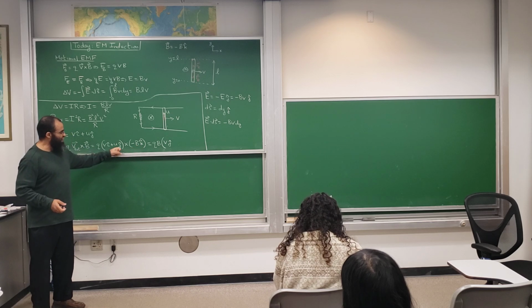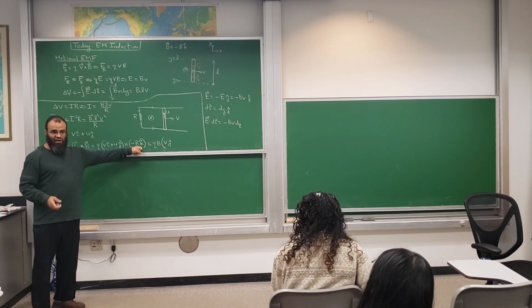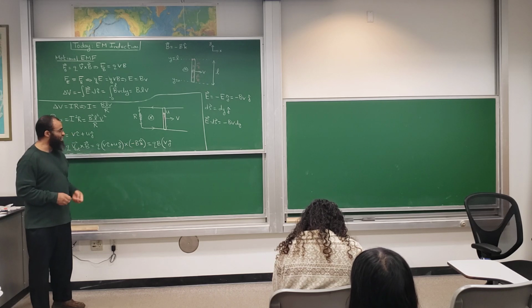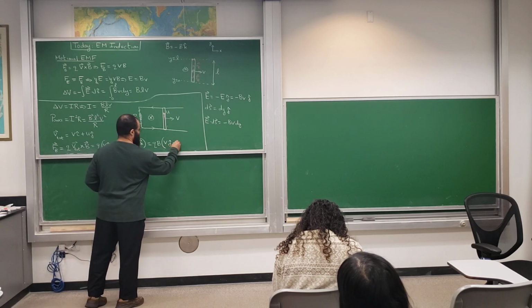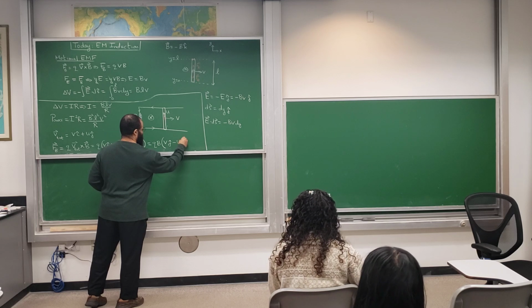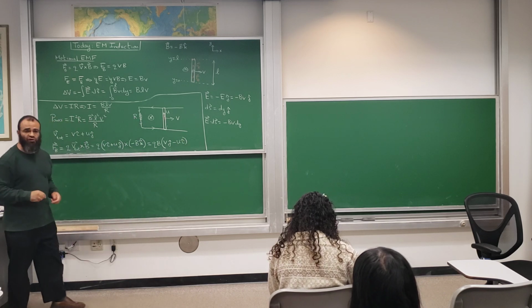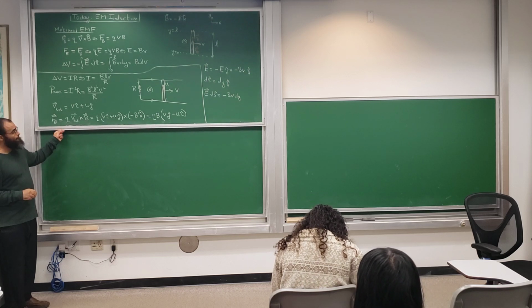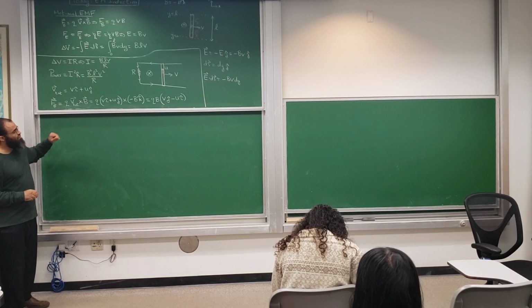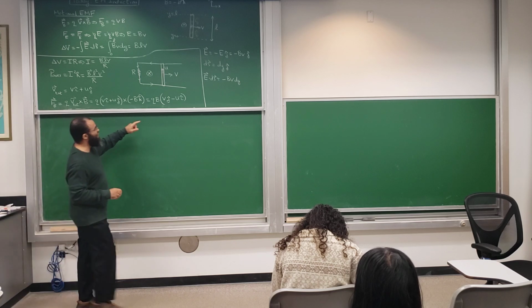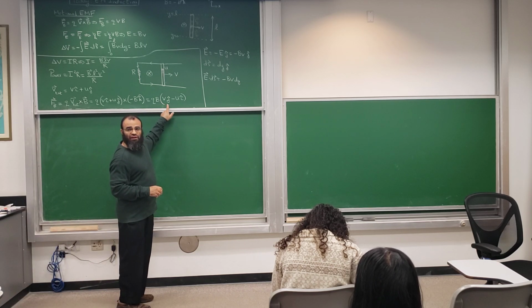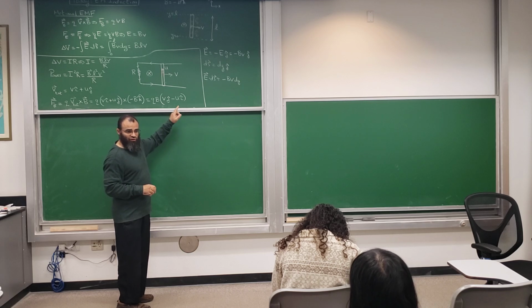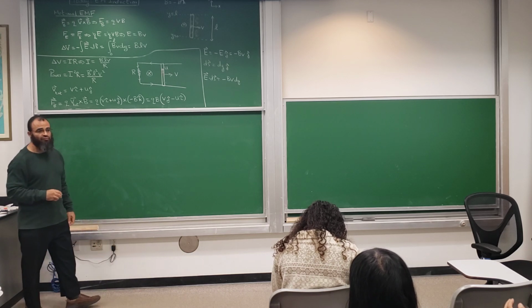That's i hat, and then there is the minus sign, so it becomes minus i hat. So minus U i. That's the magnetic force. In other words, the magnetic force would have a positive y component and a negative x component.